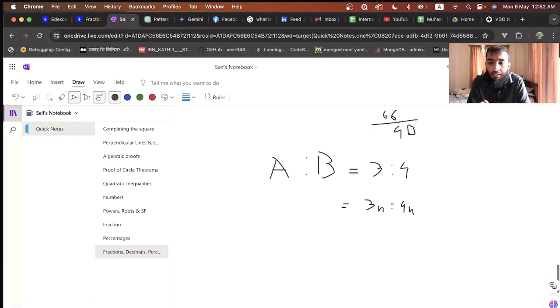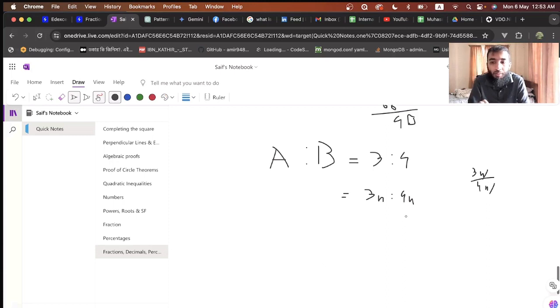It's the same because 3n is to 4n is basically 3n by 4n, which is effectively 3 by 4. Now what is the total? If I represent the total as t, the total number is 3n plus 4n, which is 7n. This is the total number of people working in that company.